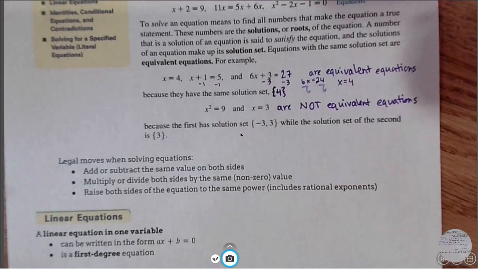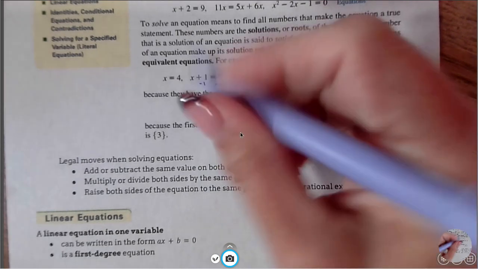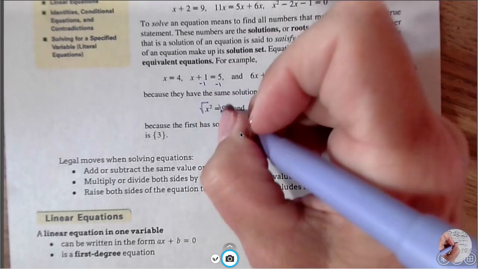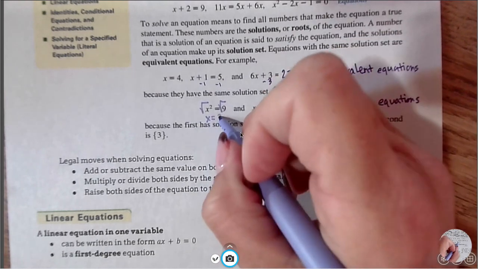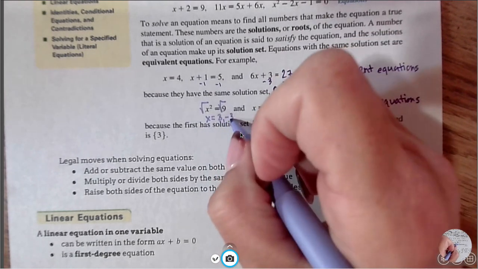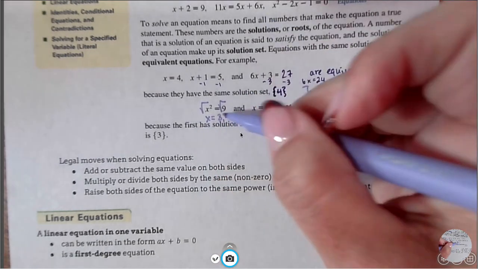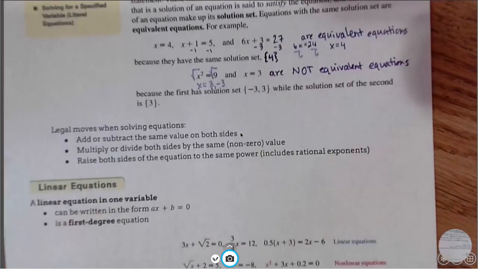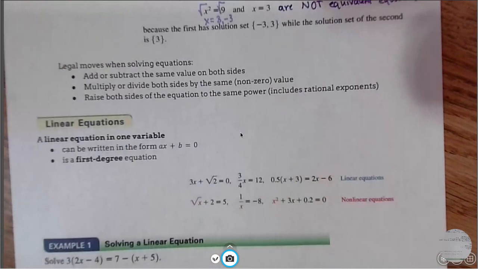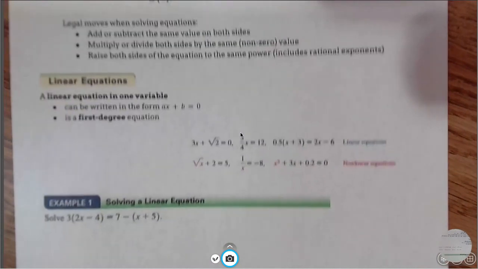Remember that rational exponents are radicals, basically. So on this one, what I did to solve is take the square root of both sides, which gave me 2 values, because every non-zero number has 2 roots, a positive root and a negative root, which is why we got those 2 values.